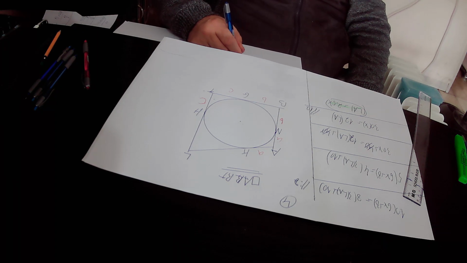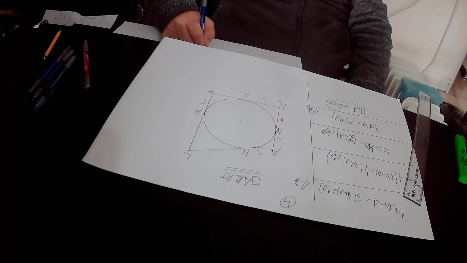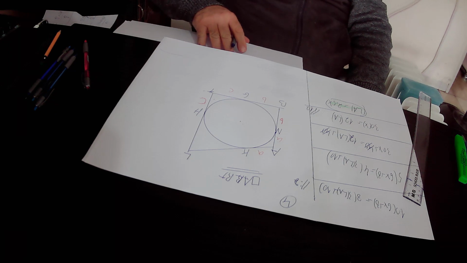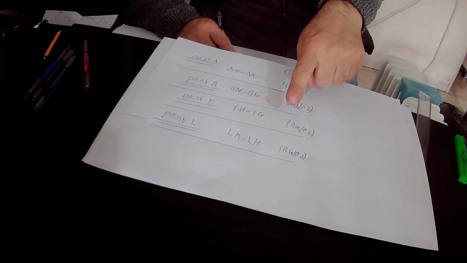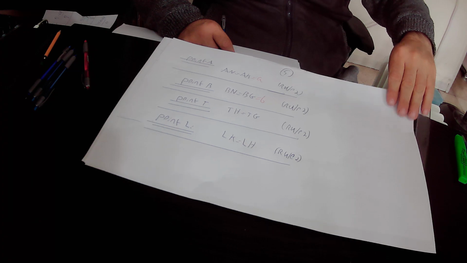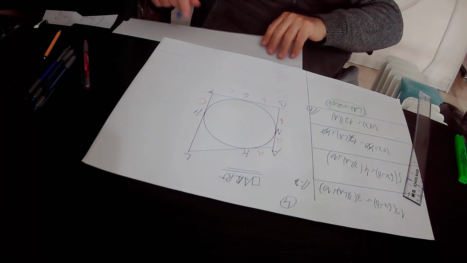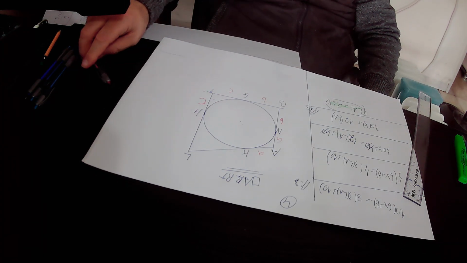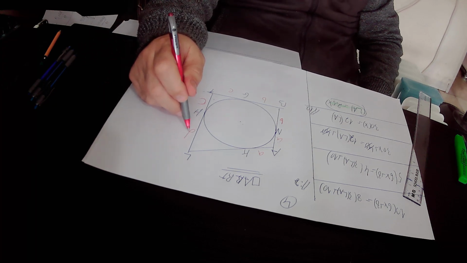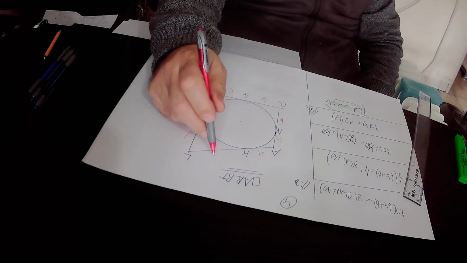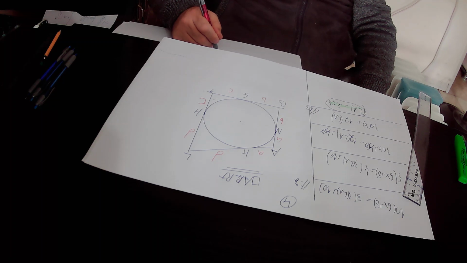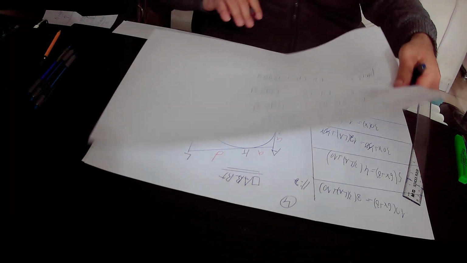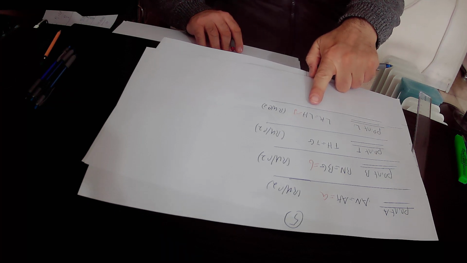That is to say, LK equals LH. If we define the length of tangent LH as D, then the length of tangent LK must also be D because they are equal. In conclusion, at point L, tangent LK equals tangent LH equals D.